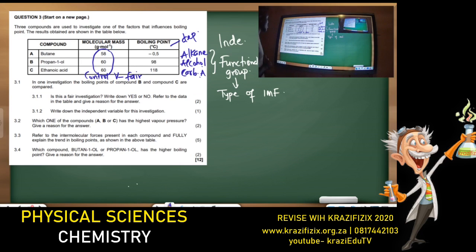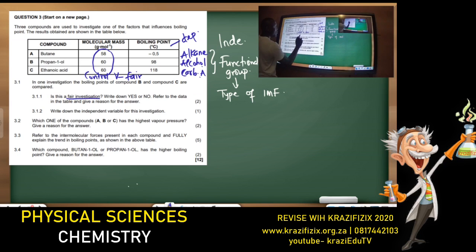All right, let's answer the questions. In an investigation, the boiling points of compounds B and C are compared. Is this a fair investigation? Write down yes or no. Refer to the data in the table. Look, is this a fair investigation? Yes. Why?